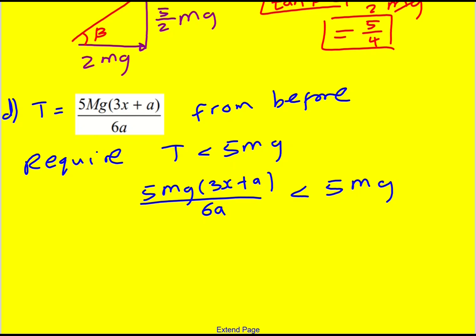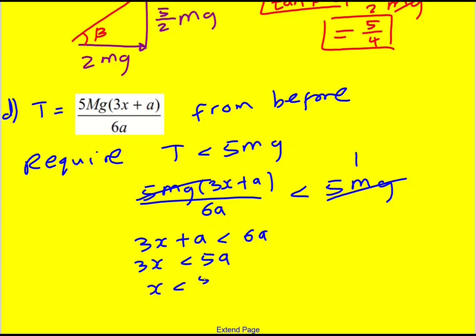Remember, m and g are both positive, so we can divide through by it. We'll just end up with 1 here. So it must be that 3x plus a over 6a is less than 1. Let's keep going. That means that 3x plus a must be less than 6a if I times through. Again, a is positive. So 3x is less than 5a, and x must be less than 5 over 3 a.